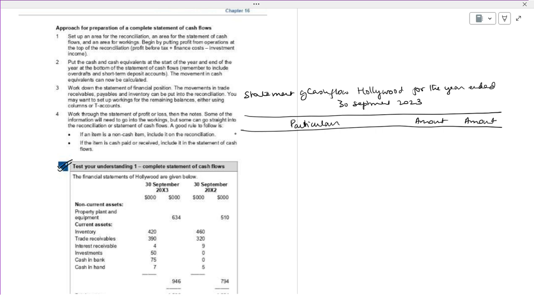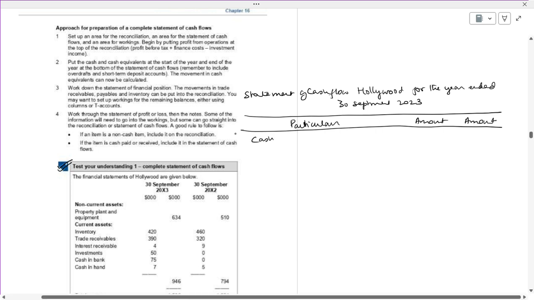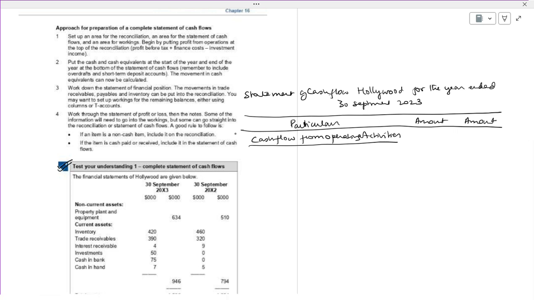Now, the first one we have to take is cash flow from operating activities. If we are doing it in Excel, that's good enough. What do we have to start with first? See the format.